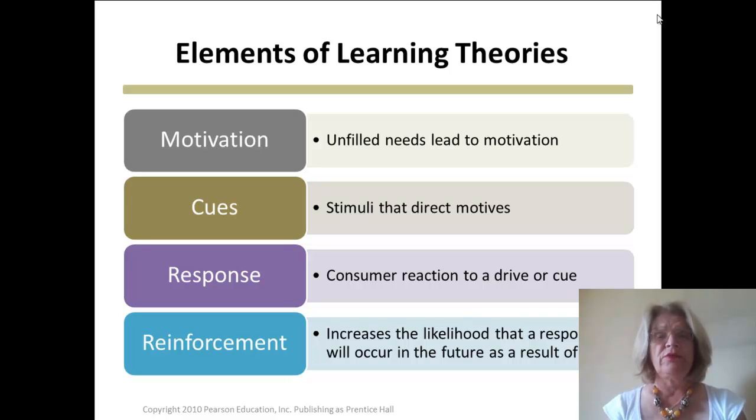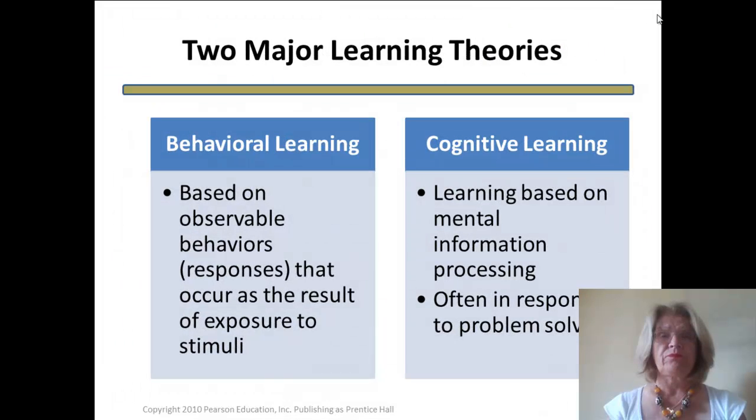Finally, reinforcement is tied to the likelihood that the response will occur in the future. These are the 2 general categories of learning: behavioral learning and cognitive learning.